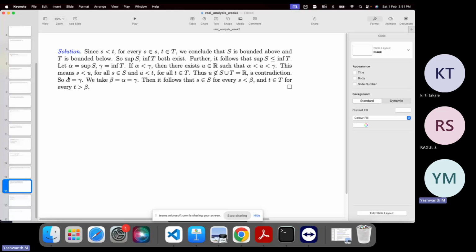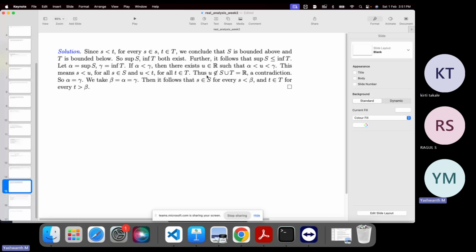Now this means s is less than U for all s belongs to S, and U is less than t for all t belongs to T, because t is greater than or equal to gamma and s is less than or equal to alpha. That's what these definitions tell us, right?